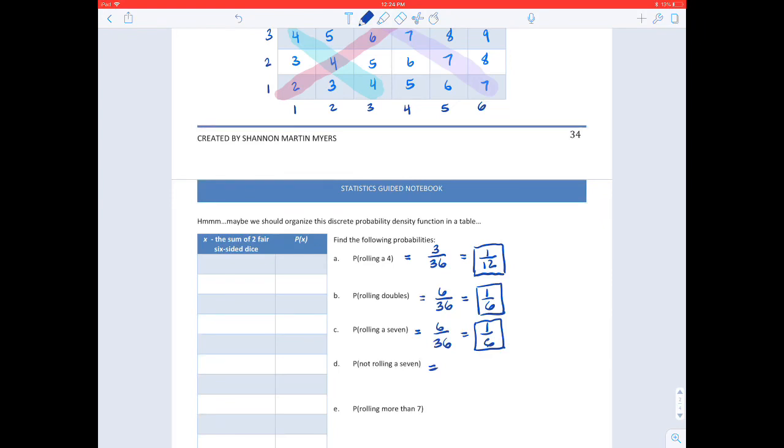So can't we just take the complement, 1 minus the probability of rolling a 7 with 2 dice, and that would equal 1 minus 1/6, and that in turn would be, beautiful, 5 out of 6.